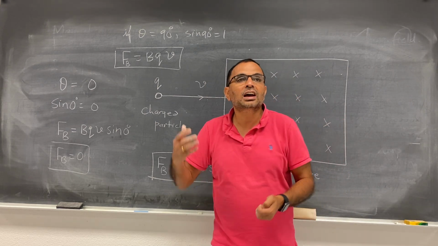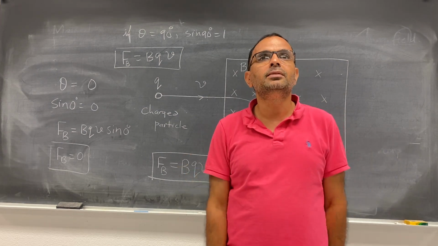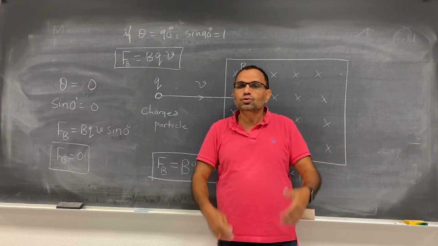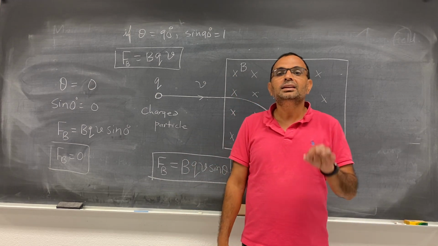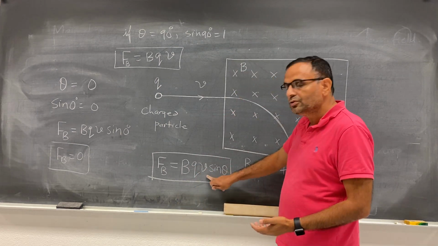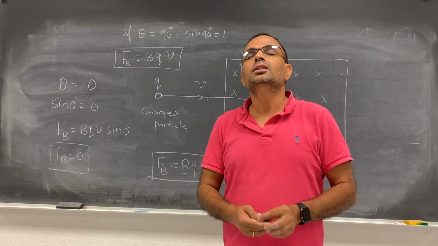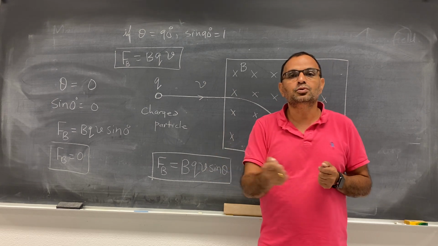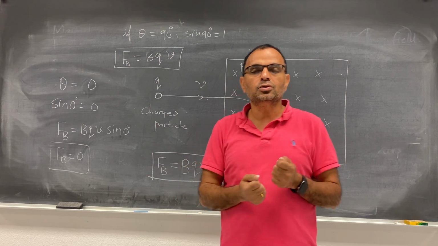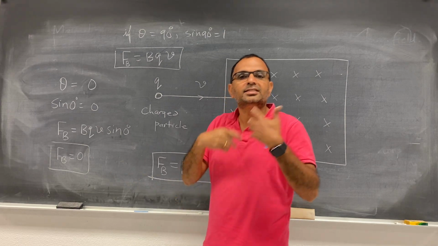Suppose the charged particle is inside the magnetic field, but it does not experience any force. What happened there? Why? Either the charged particle is at rest, V equal to 0, then the force is equal to 0, or the charged particle is moving parallel to the magnetic field. Then theta equal to 0 and sine 0 is 0.